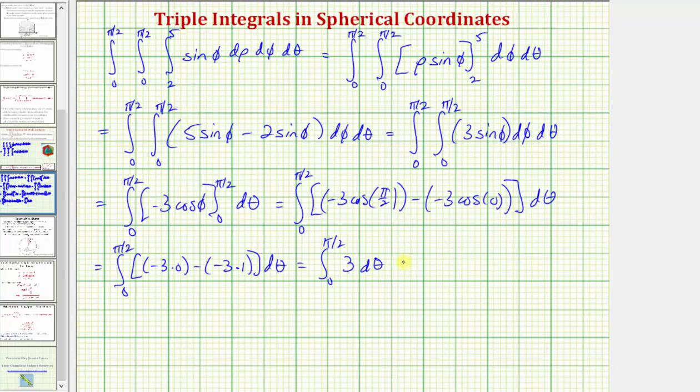So the antiderivative of 3 with respect to theta is just 3 theta. So big F of B minus big F of A is going to be 3 times pi over 2 minus 3 times 0. So the exact value of the triple integral is 3 pi divided by 2, or as a decimal approximation, approximately 4.7124.